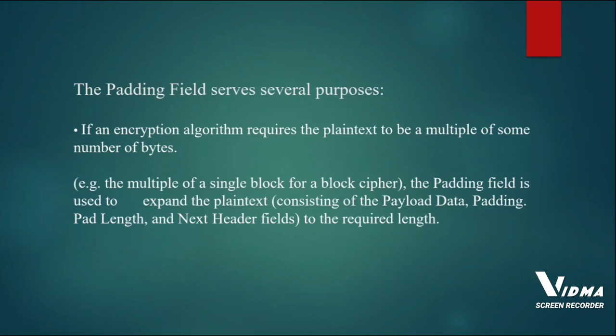The padding field serves several purposes. If an encryption algorithm requires the plain text to be a multiple of some number of bytes, such as the multiple of a single block for a block cipher, the padding field is used to expand the plain text, consisting of the payload data, pad length, and next header fields, to the required length.